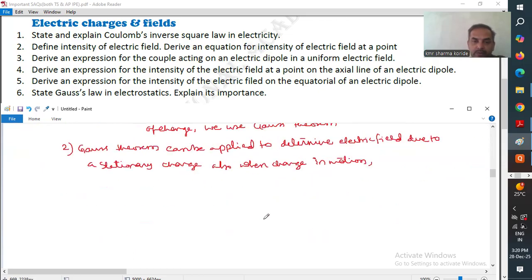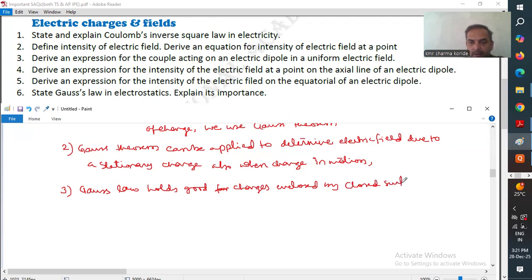Next, third. Gauss law holds good for any closed surface of any shape. It holds good for charges enclosed by a closed surface of any shape.